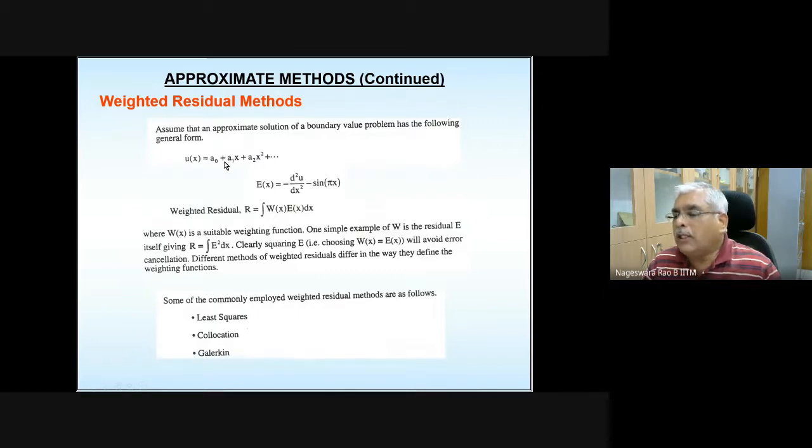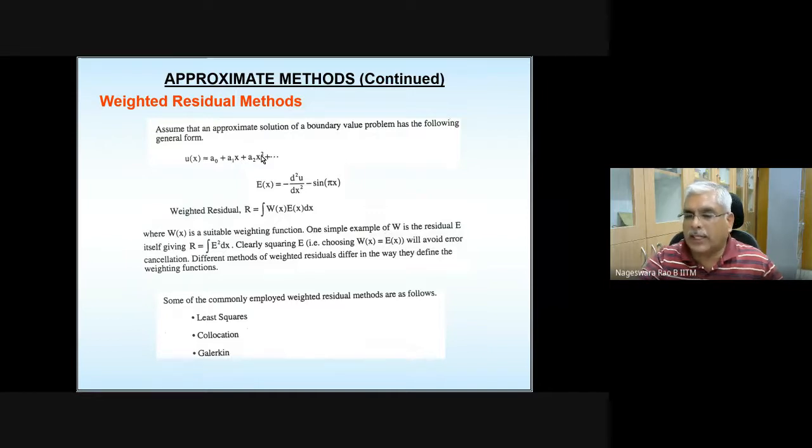So let's start with a quadratic trial solution, and then we'll note down the various steps under this least square weighted residual method. What is meant by quadratic trial solution? It's assuming U to be A0 plus A1x plus A2x square.